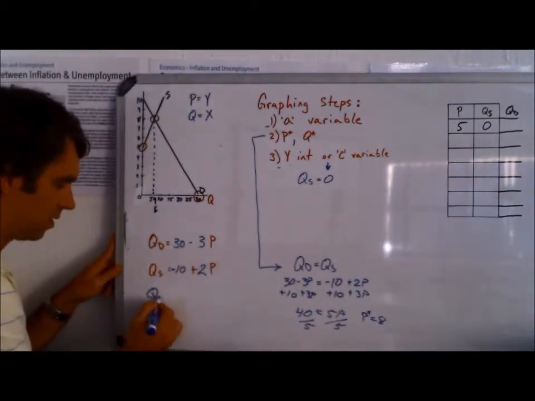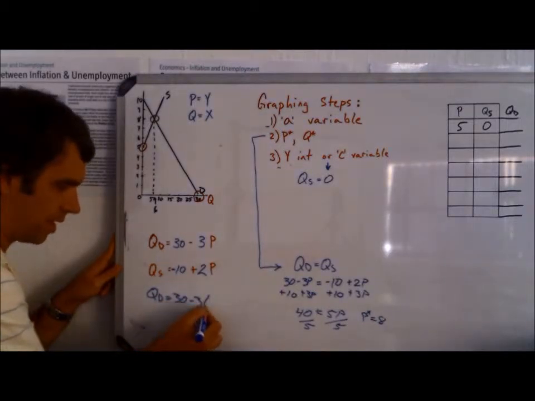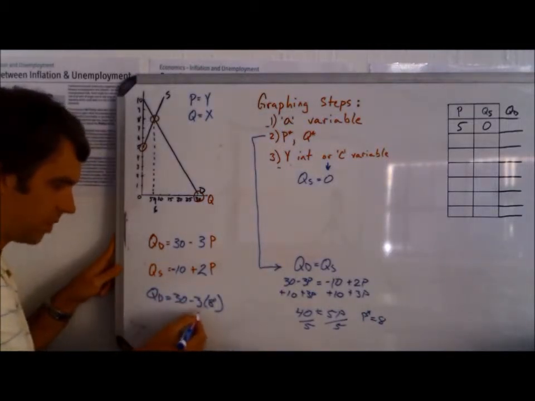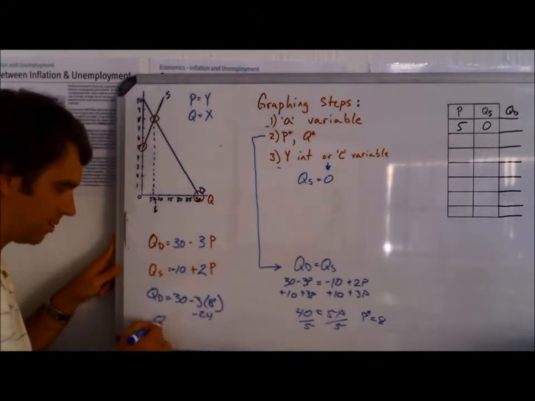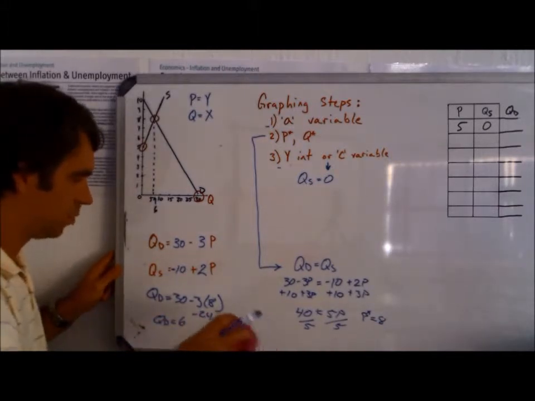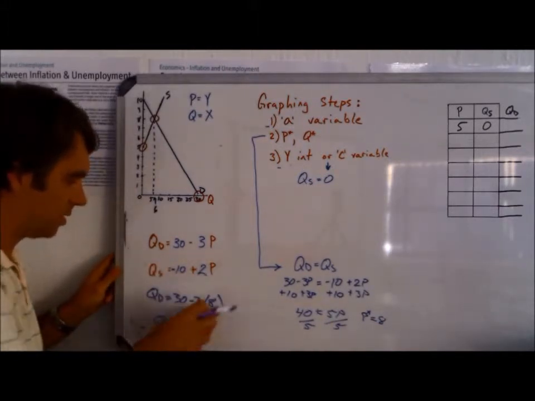So let's just go here. Quantity demanded equals 30 minus 3 times 8, or 30 minus 24. Therefore, quantity demanded is equal to 6. We need to do the same with quantity supplied.